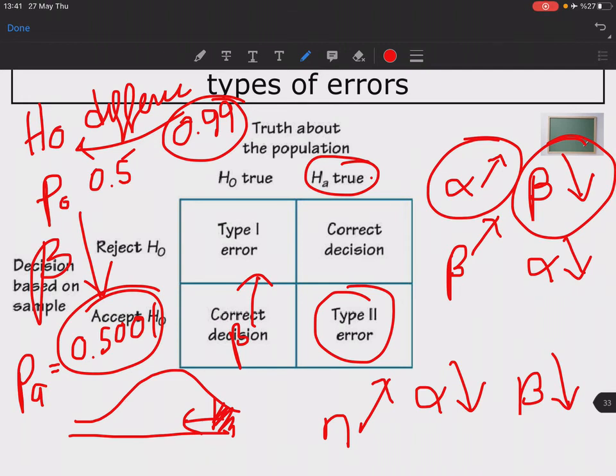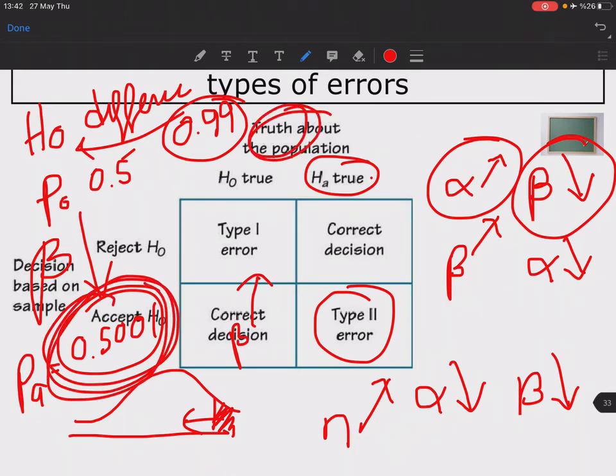And you need lots and lots of samples in such a reality case, in such a truth case, that we never know about the alternative hypothesis, to prove that our alternative hypothesis holds.